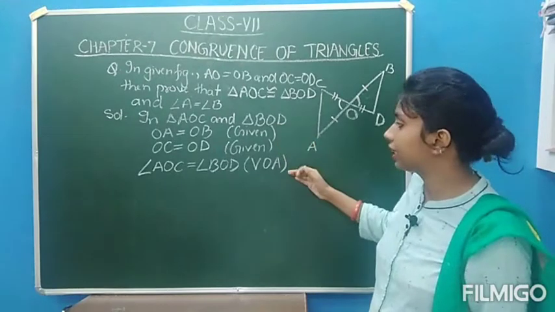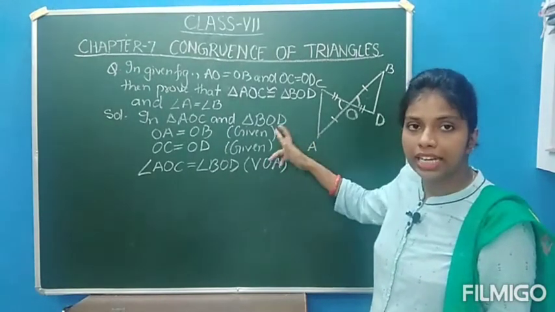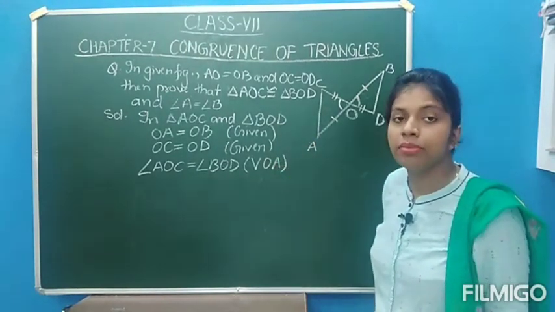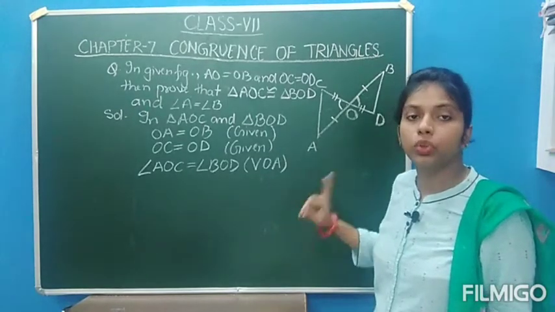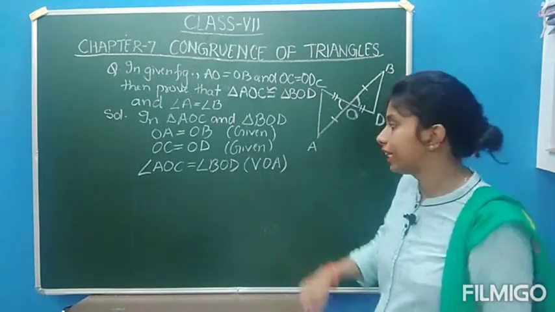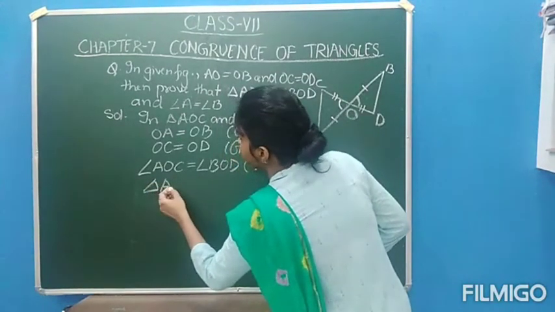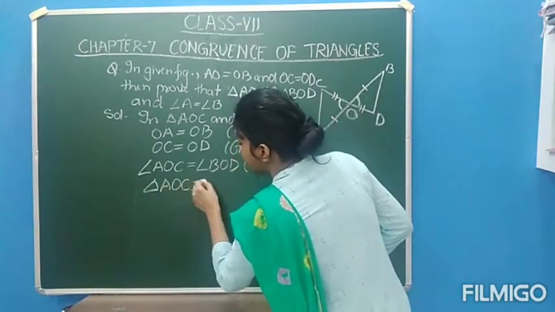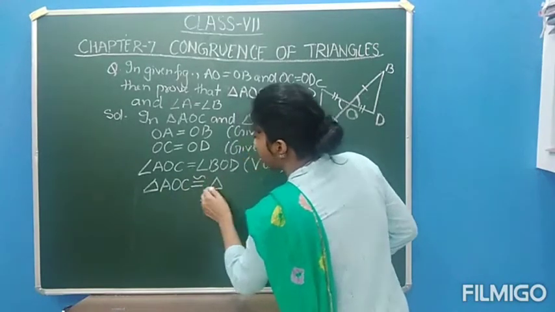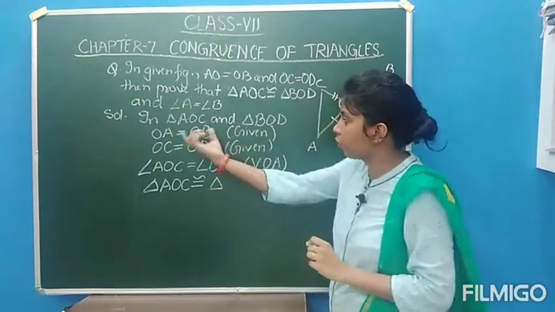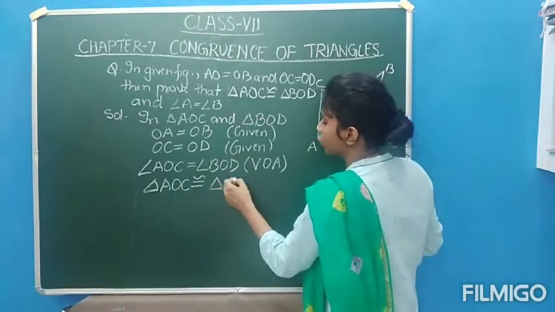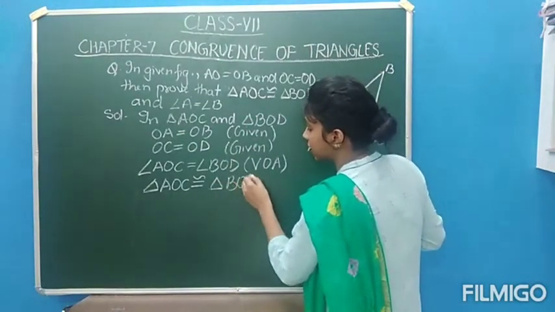Now we have three measurements: two sides and the angle between them, meaning we can use the side-angle-side criteria. So we can write triangle AOC is congruent to triangle BOD. How are we going to write it? We have to write in the corresponding way. So BOD, let's check.